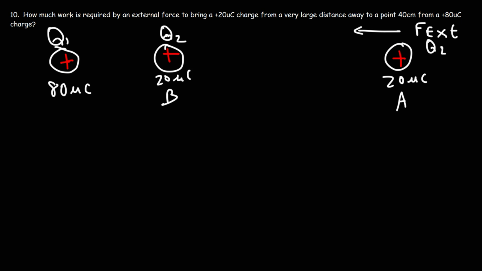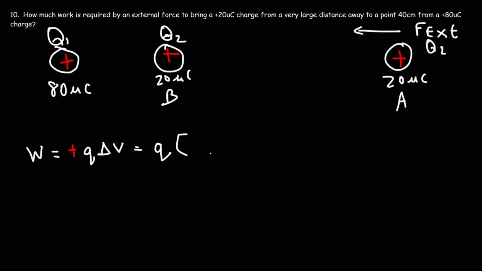How can we calculate the work required to move Q2 from point A to point B? Well, the work required, this is the work done by an external force, is going to be positive Q delta V. And delta V is going to be the final potential minus the initial potential.